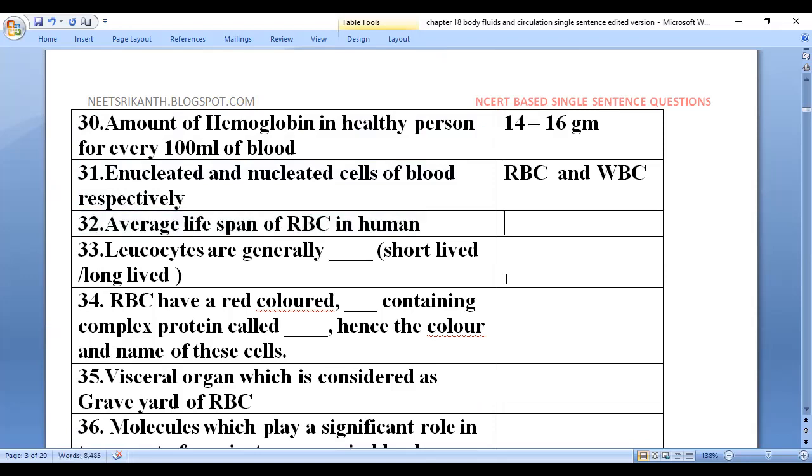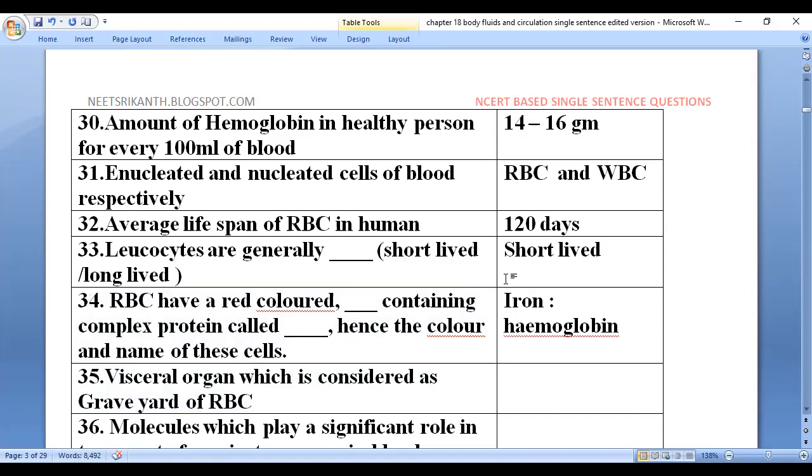Average lifespan of RBC in humans, 120 days. Leukocytes are generally short-lived. RBC have a red colored iron containing complex protein called hemoglobin, hence the color and name of this cell.